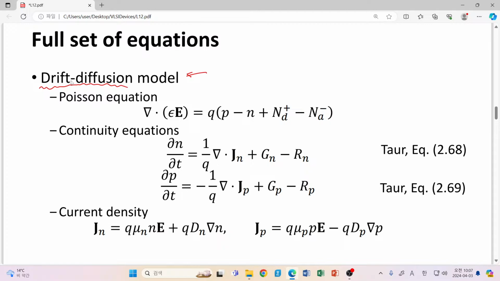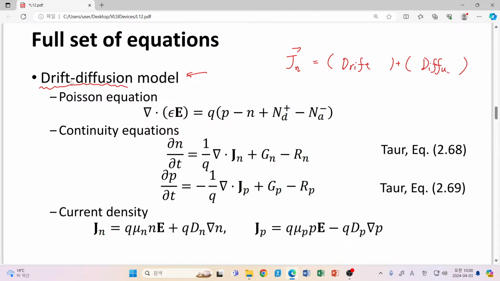The reason why we call it drift diffusion is simply because we consider our electron current density as a sum of drift and diffusion.